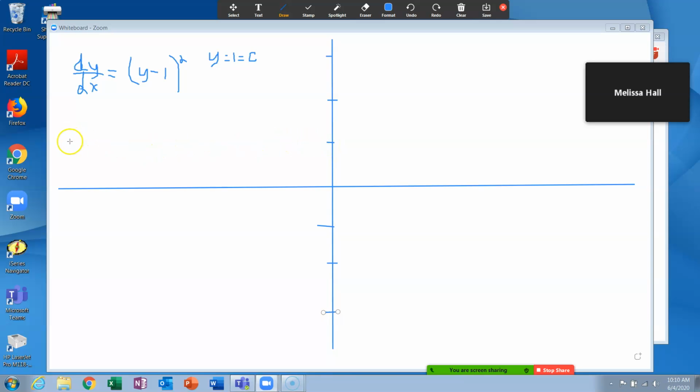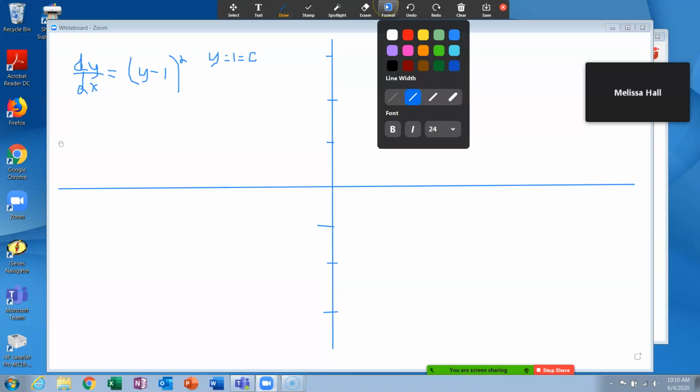So let me see if I can approximate. I wish I could make this dotted. I can't. Maybe it would help if I change the color. What color do you want this line to be?